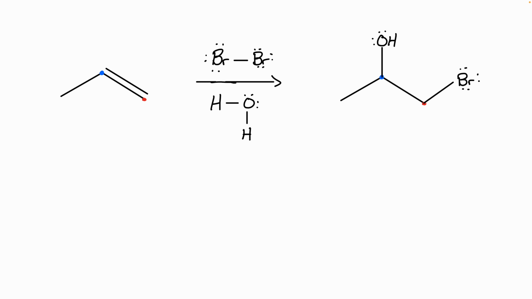All right, if we're going to do our mechanism, now I want to start thinking about nucleophiles and electrophiles. We want to be able to ideally look and say, this is going to be my nucleophile and this is going to be my electrophile. Our alkenes play the role of what? Nucleophiles or electrophiles? Are they electron rich or electron poor? They're electron rich because of that carbon-carbon double bond.